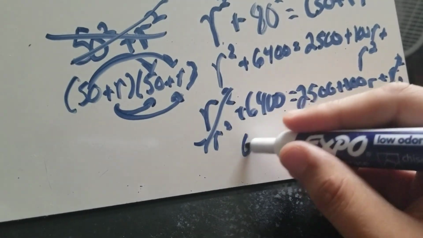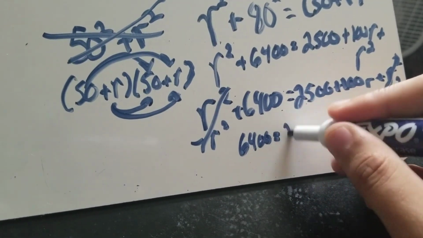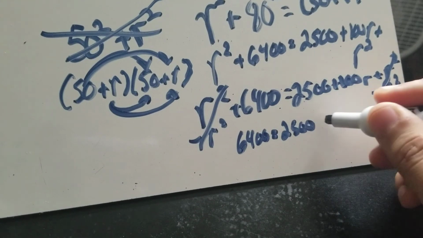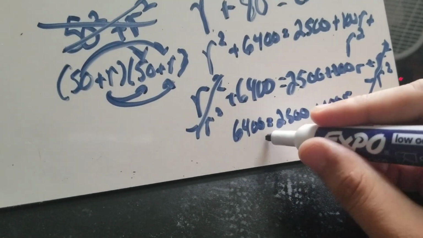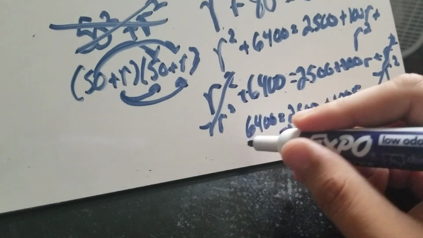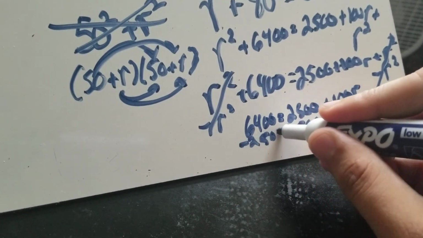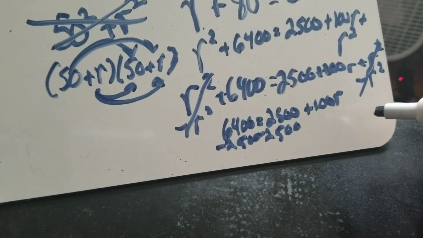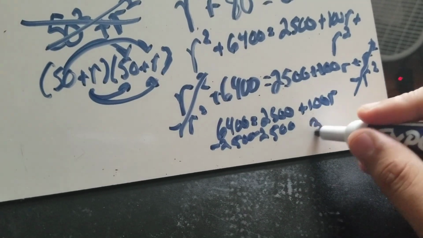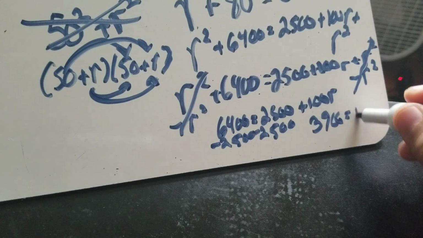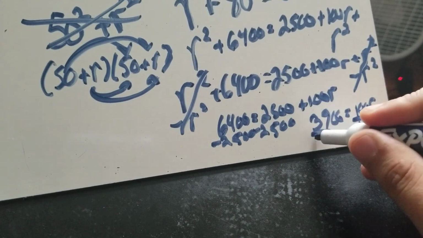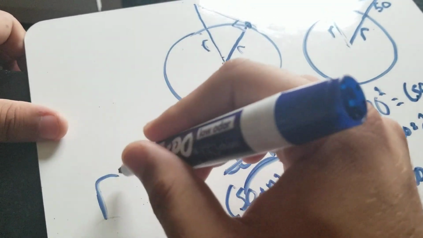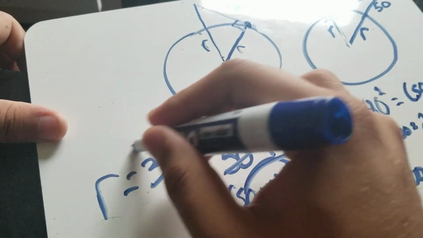So now all I'm left with is 6,400 equals 2,500 plus 100r. Now I could just subtract the normal numbers. And I get now 3,900 equals 100r. Divided by 100, divided by 100. Altogether, r is going to equal 39.